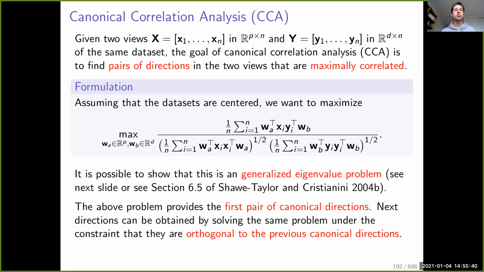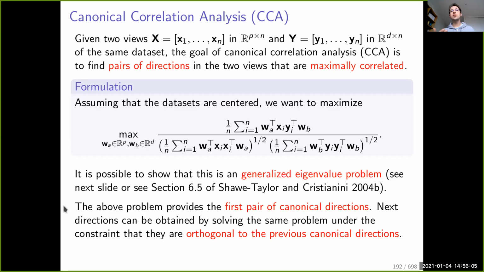So I don't want to do a full course on CCA, so I'm giving here a reference. You can look at this nice book by Shawe-Taylor and Cristianini on kernel methods. In section 6.5, you have all of the technical details. I'm still going to give you some of them in the next slides, but it's simply important to know that we can solve this sort of optimization problems.